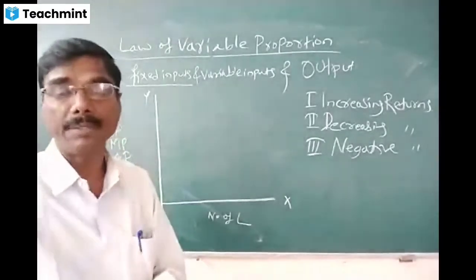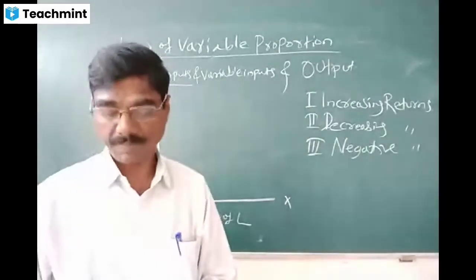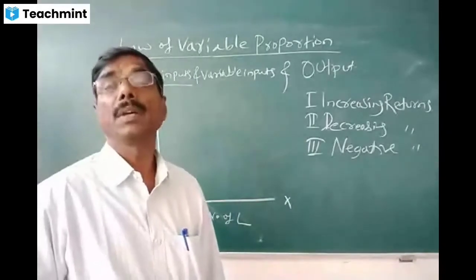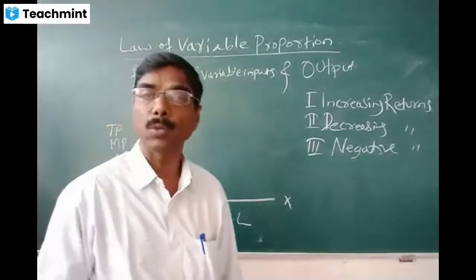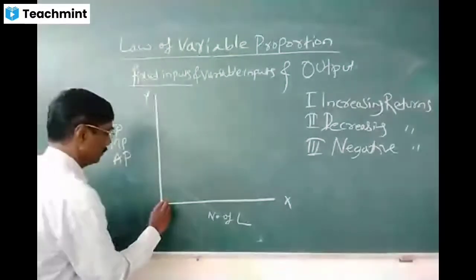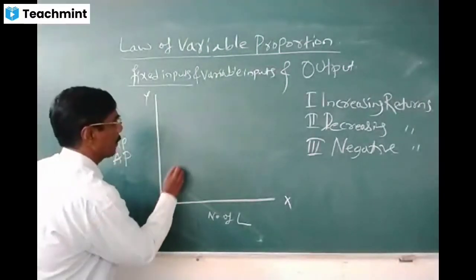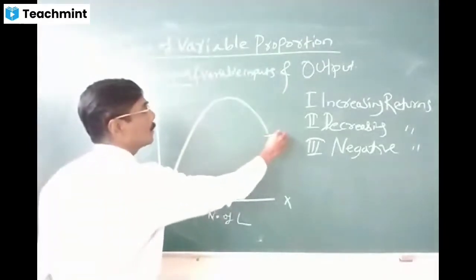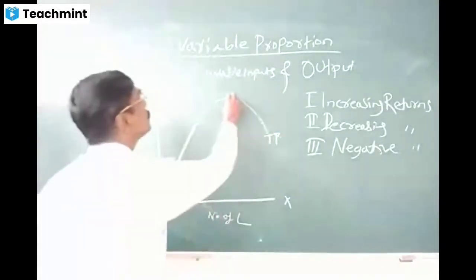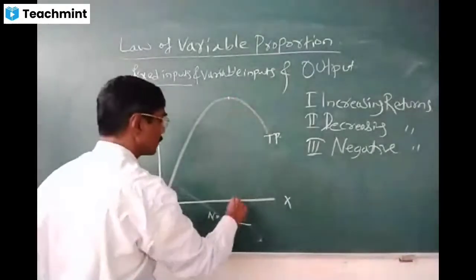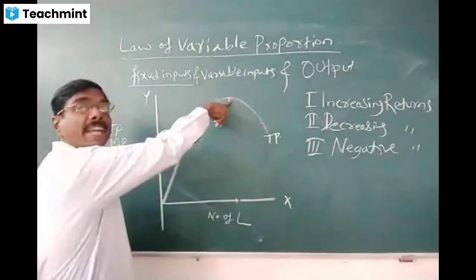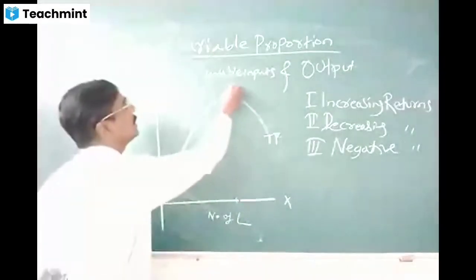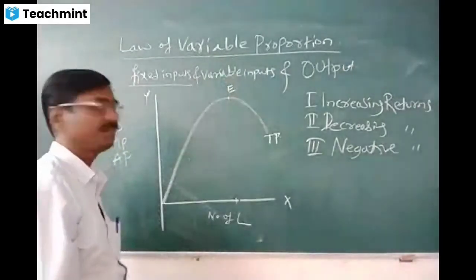Now we have to draw the curves: total product curve, marginal product curve, and average product curve. This is the total product curve. Total product is maximum at point E.